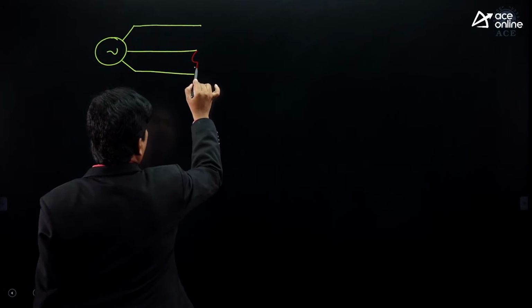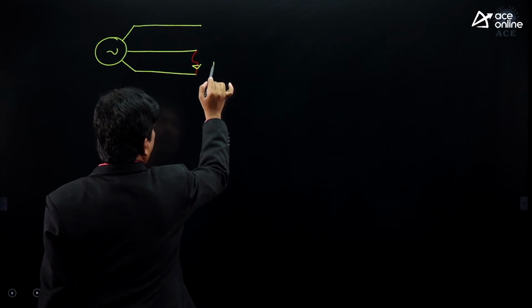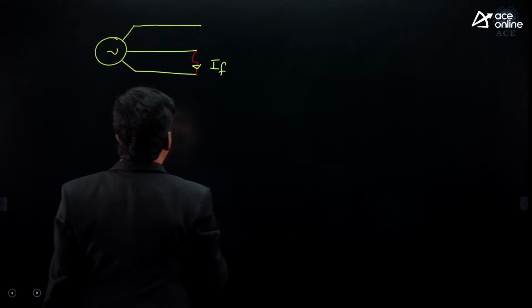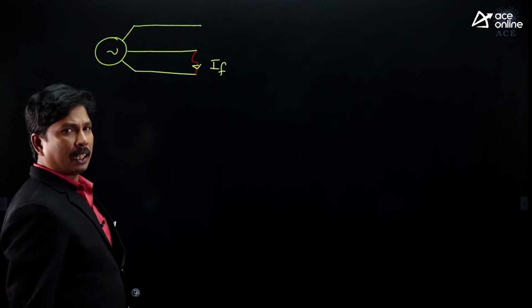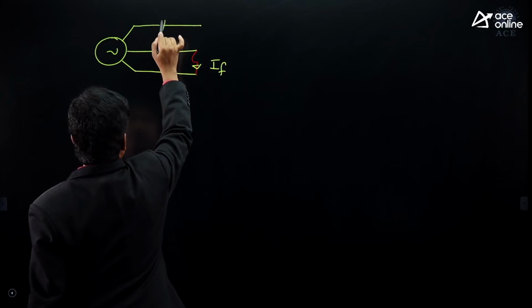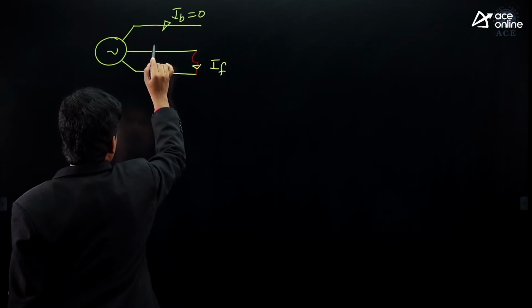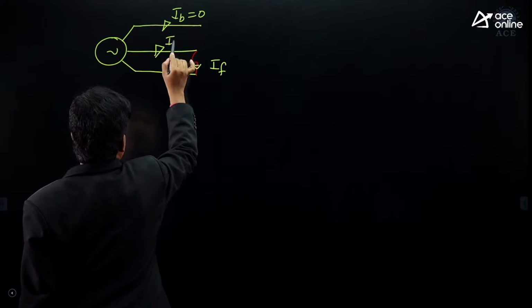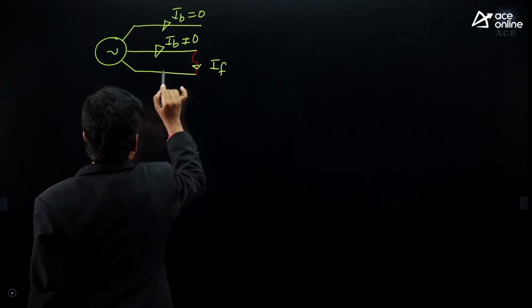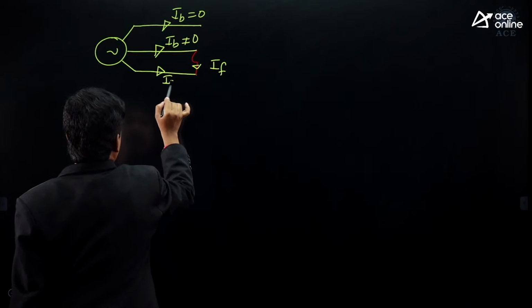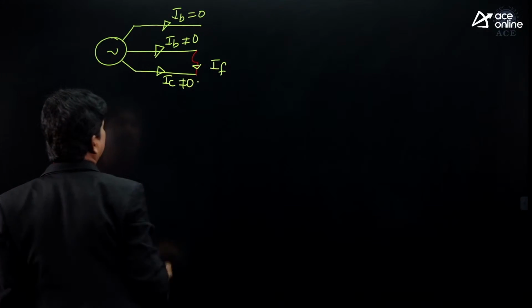So this is the fault current path. As previously it is operating under no load condition, the current in phase A, phase B and phase C is equivalent to 0. But because of the fault, current in phase B will not be equivalent to 0 and current in phase C is also not equivalent to 0.